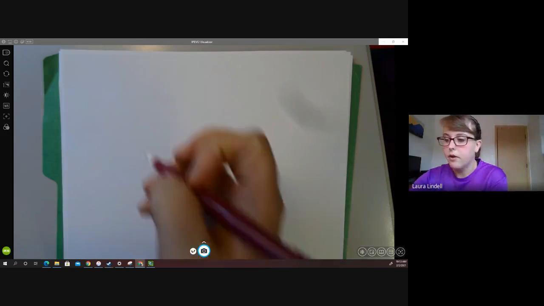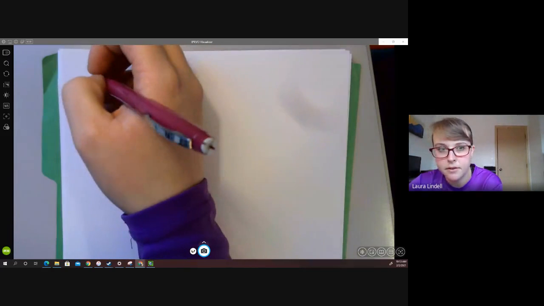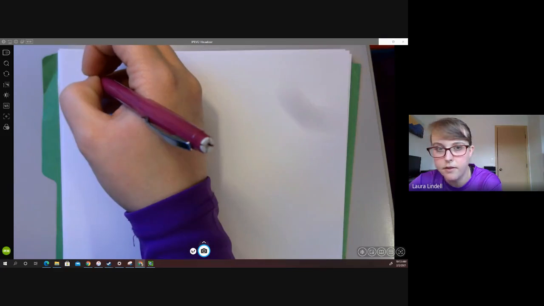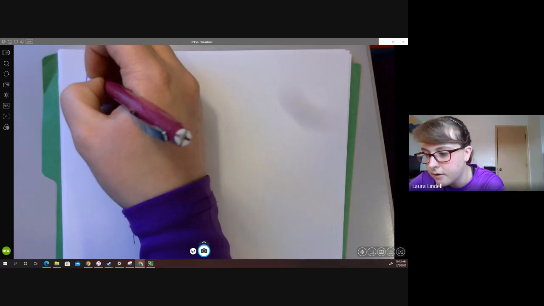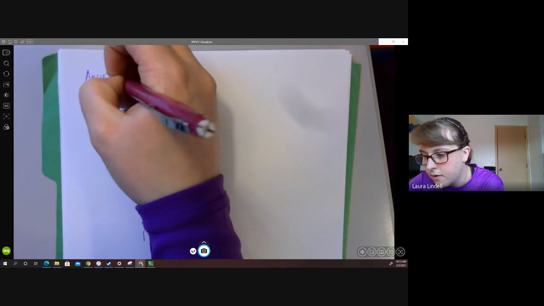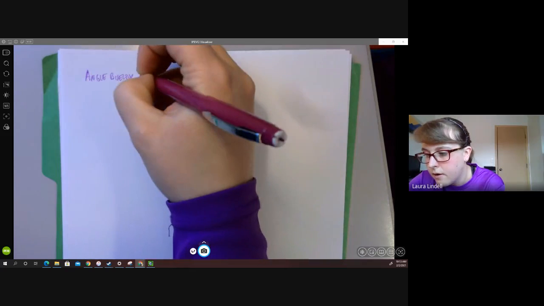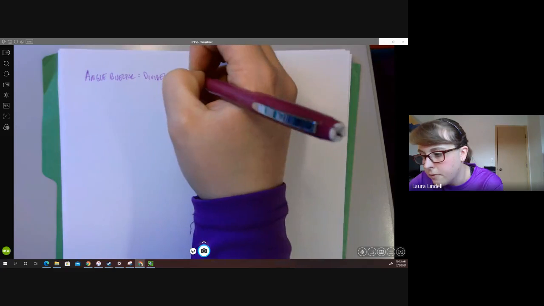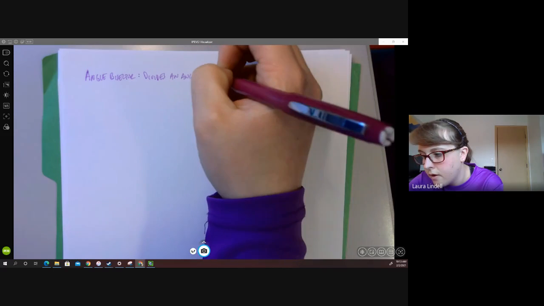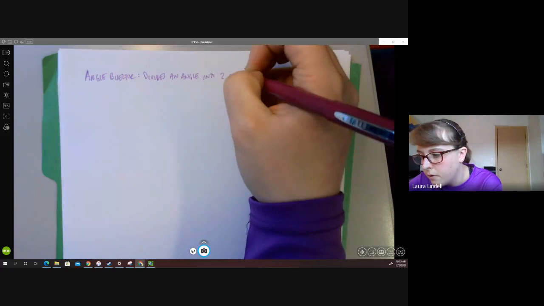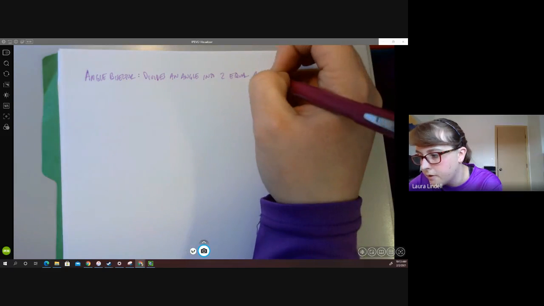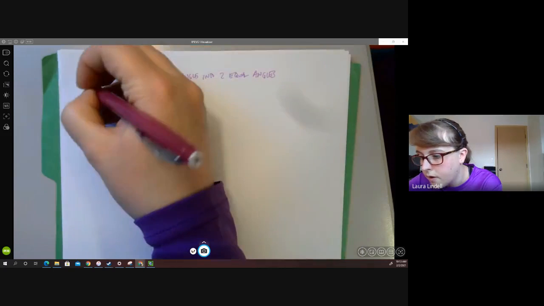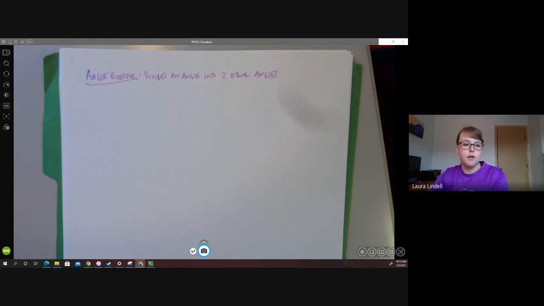So, just like we had on the perpendicular bisector theorem, remembering, first of all, that an angle bisector divides an angle into two equal angles. So that's the first thing we need to remember here. And then we've got the angle bisector theorem.